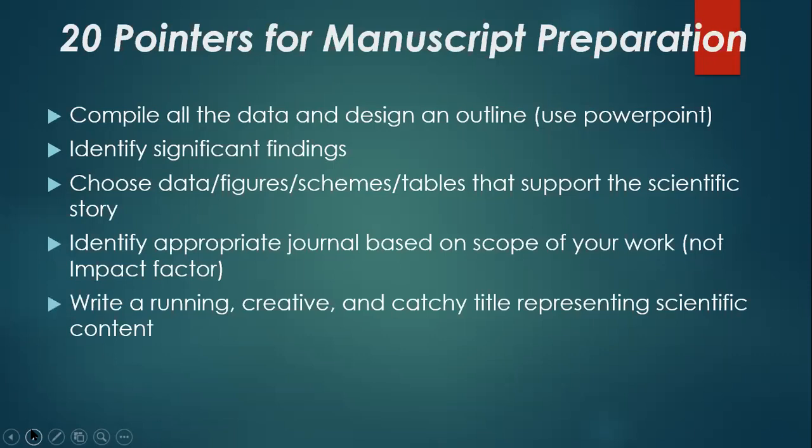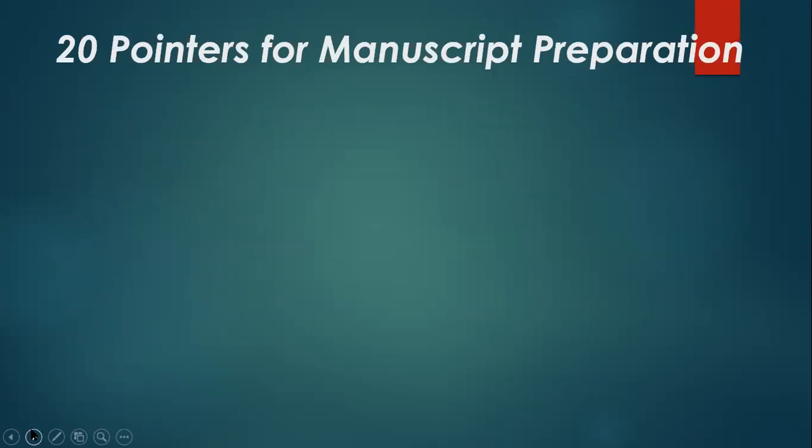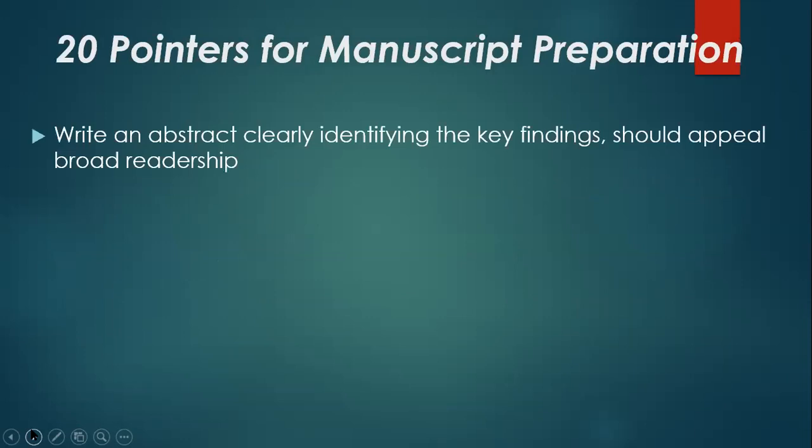Your manuscript should start with a running, creative, and catchy title representing the scientific content of your manuscript. Then comes the abstract. In the abstract, you should clearly identify the key findings and it should be available for broad readership.